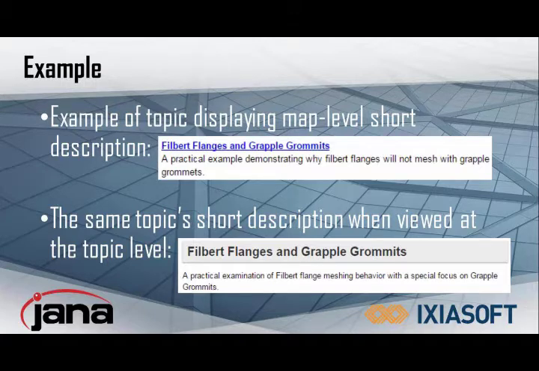Essentially, the map level overrides the topic level short description when you're looking at things from, say, a typical tree hierarchy. Here are all the main links that appear for the various topics. If you had a lot of links to different topics talking about filbert flanges and grapple grommets, you would have the same map level short description overriding all of the individual instances that come after this.